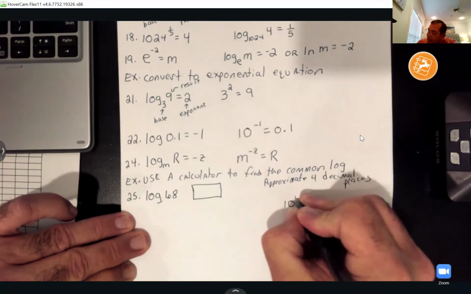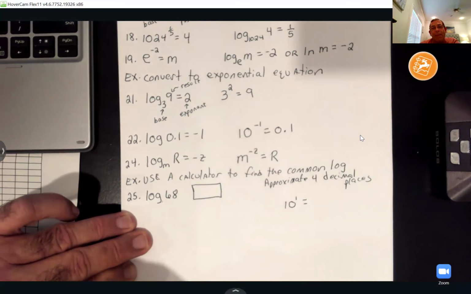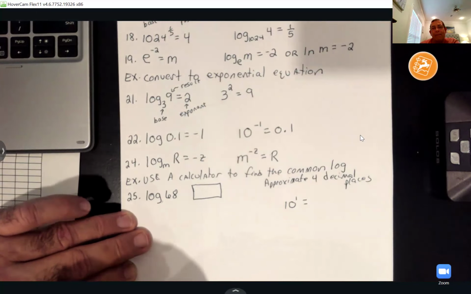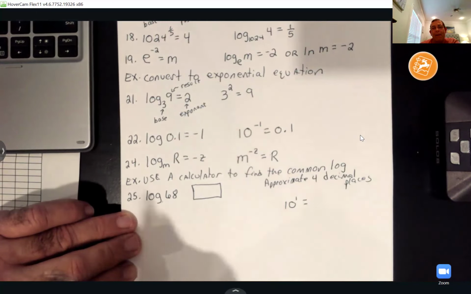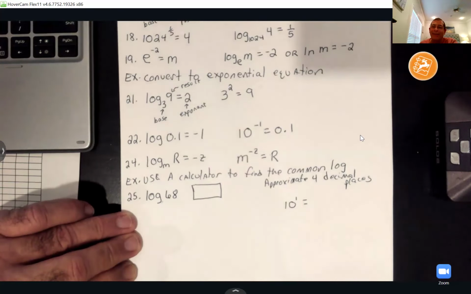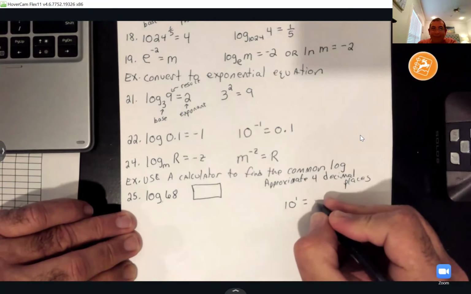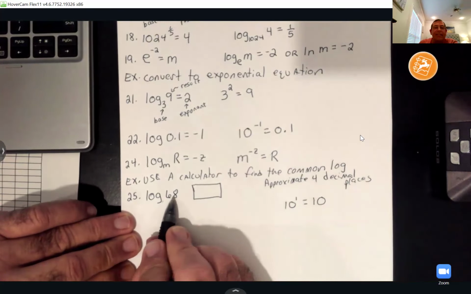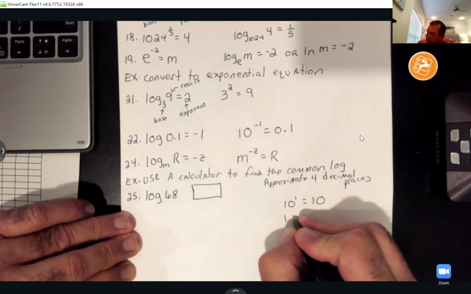Well, what does 10 to the first power equal? All right, y'all, come on. 10 to the first is 10. Okay, good job, Kayla. Now, that's a 68. So I'm going to do the next exponent.